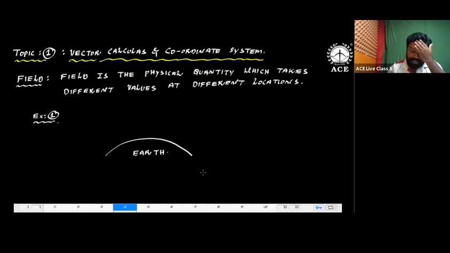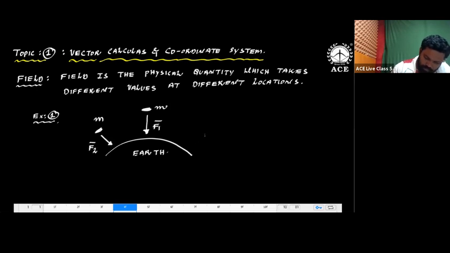Here is the earth surface. Suppose I am holding some mass here, the force will be pointing towards the center like this, and the force value is F1. If I am holding some mass here, the force will be towards like this.